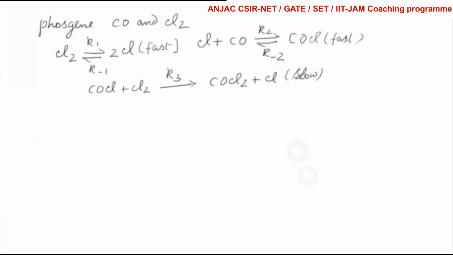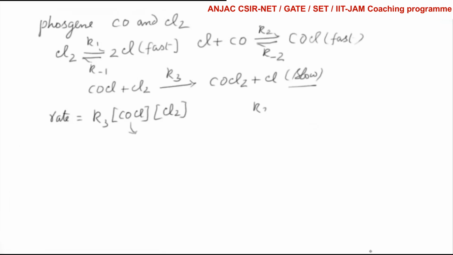Here is the slowest step, therefore the rate determining step. The shortcut we are going to use is to apply the rate law equation for the slowest step as K3 into concentration of COCl into concentration of Cl2. COCl is obtained in a fast equilibrium, therefore you can make use of the equilibrium approximation.